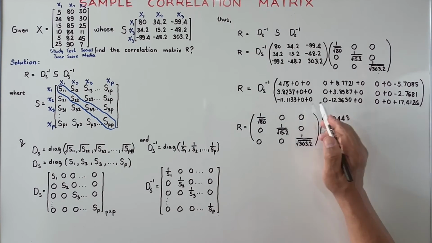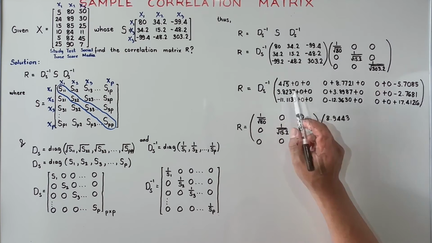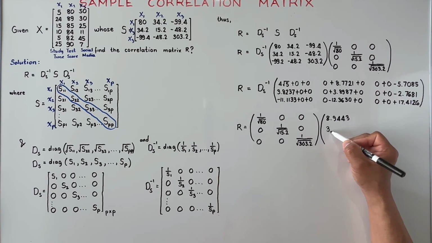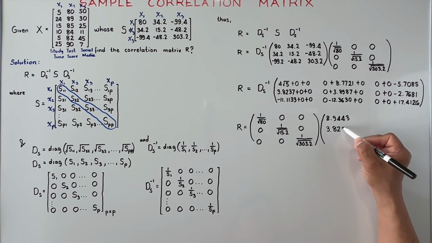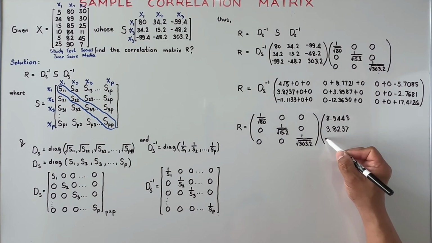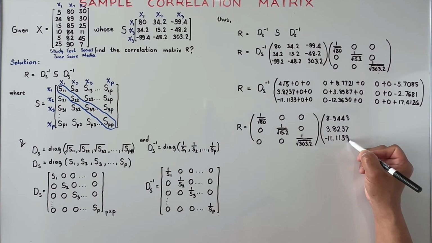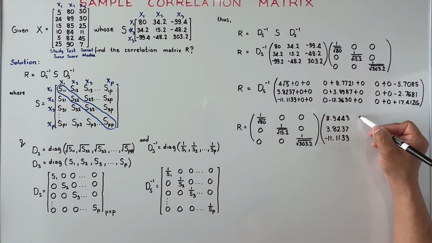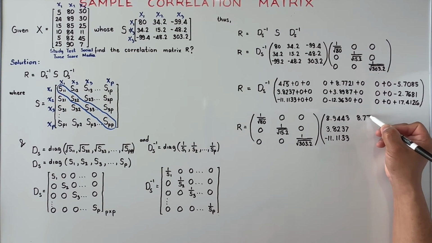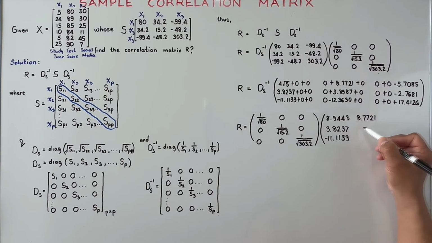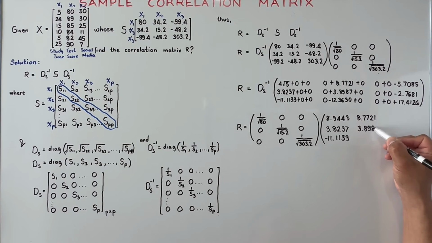And this will be multiplied by our product matrix, which is 8.9443. If you simplify 4 times square root of 5, and then this is 3.8237, and this is negative 11.1133. Also this one, the sum is 8.7721 and 3.8987.